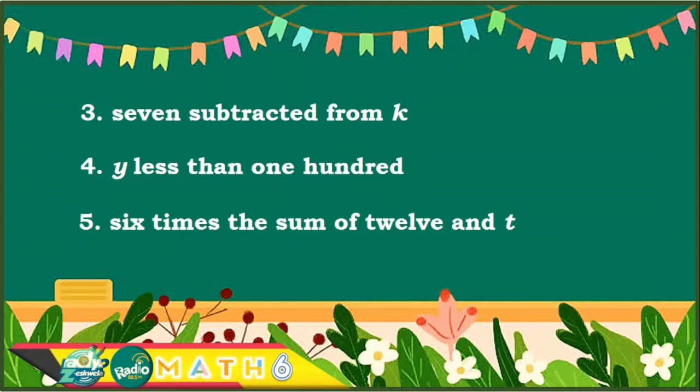Number 4, y less than 100. And for the last number, number 5, 6 times the sum of 12 and t.